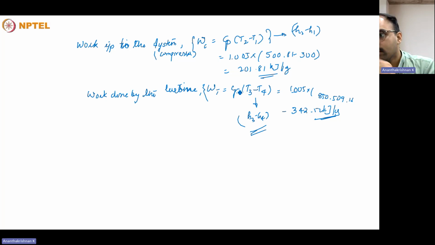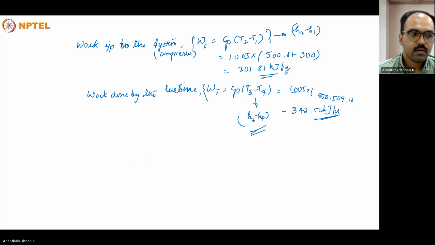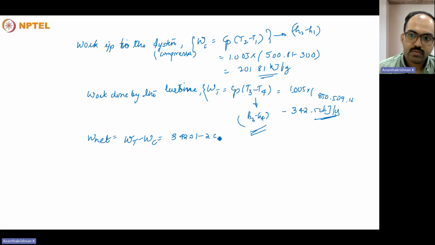For an ideal gas like air, it could be written in terms of the change in the temperatures. Therefore, the net work could be written as Wt minus Wc, 342.5 minus 201.8, equal to 140.72 kilojoule per kilogram.